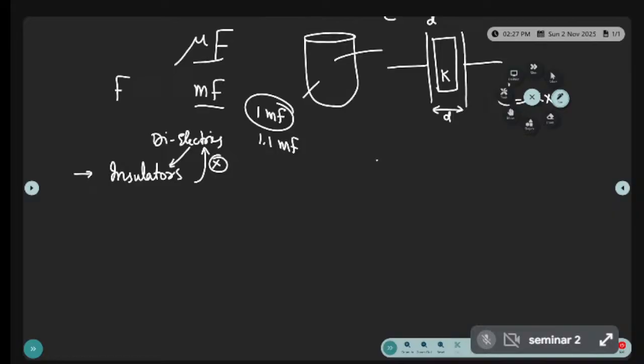All dielectrics are insulators, but all insulators are not dielectrics. Why? In what way are they different? To understand this concept, we make use of polarization.